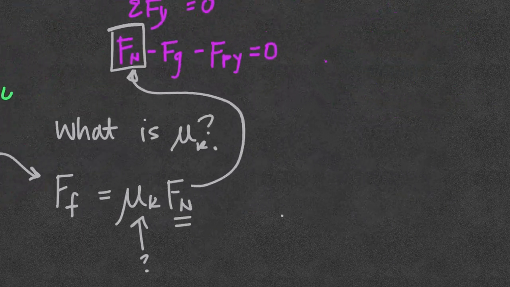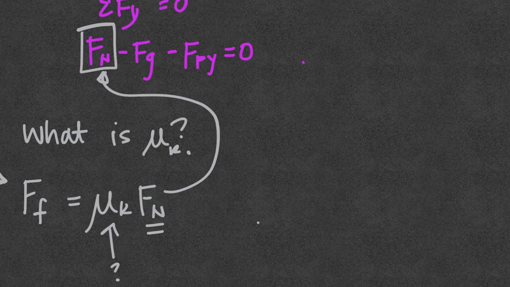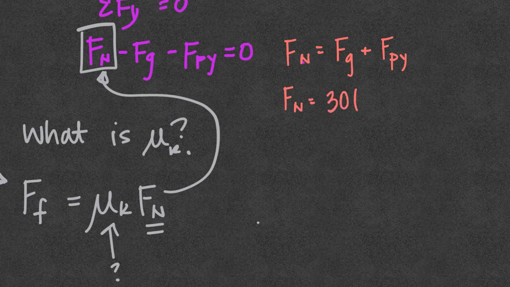So I'm going to go over here, and we're going to write this down as the force normal would be equal to, I'm going to add Fg to both sides and add force push in the y direction. So then my normal force will be 30, the mass, times 10, because remember the gravitational force is m times g, and then we're going to add the force push, which was 40 newtons, and then in the y direction would be the sine of 30 degrees.